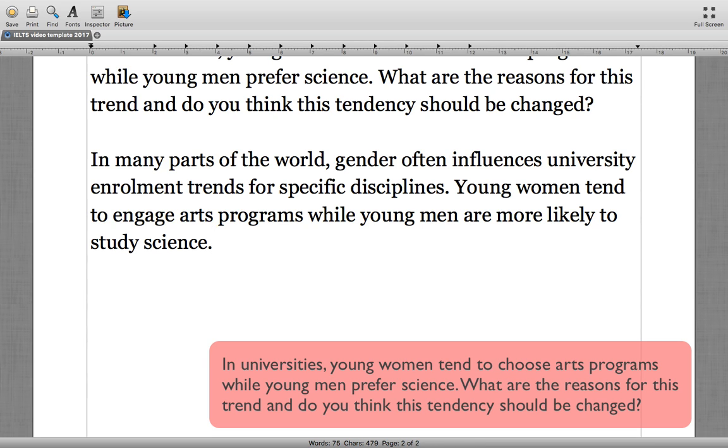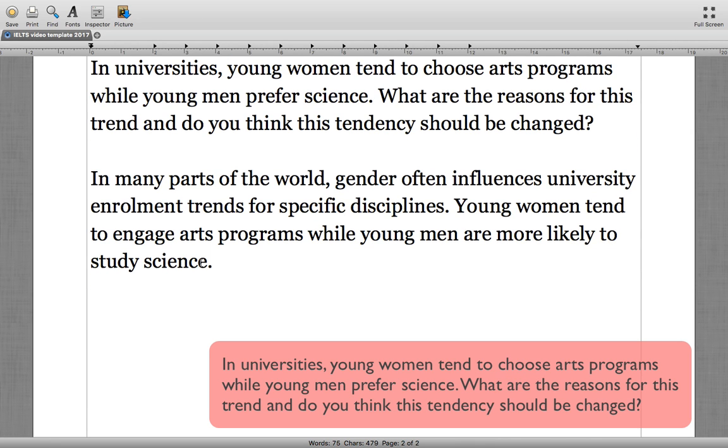So I'm going to argue that what is causing this is maybe cultural or societal expectations. And actually, I should have pointed out that I did have a bit of a brainstorm before I started writing this, so I've already come up with the ideas that I'm going to use to support my positions here. And then you would want to do the same thing. So secondly, I'm going to argue that this is a tendency that should be changed, because if you don't change it, then the landscape at a university wouldn't be unbiased.